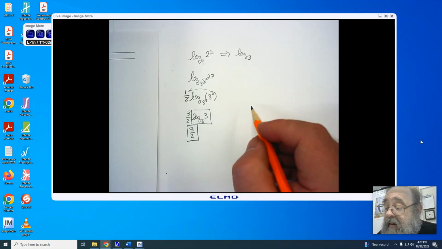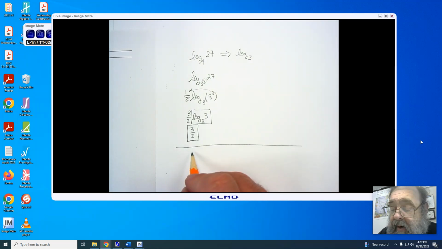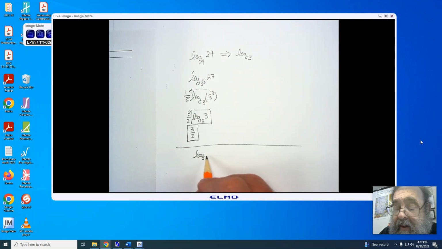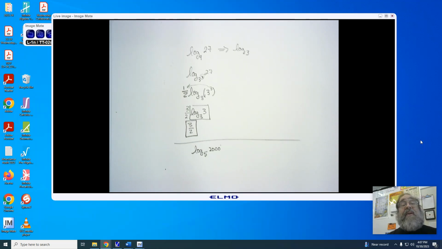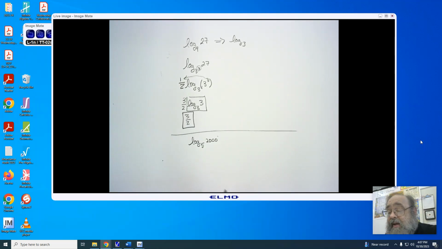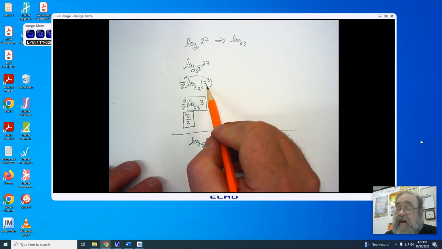1B is now asking me to do the same thing, but now we have something that is not going to give us such a nice answer. So we're going to have to take that 2,000 and break it up into prime factorization. That's ultimately what I did here.